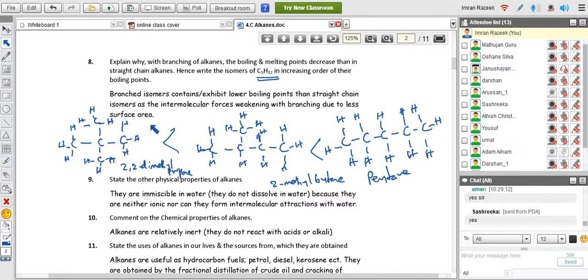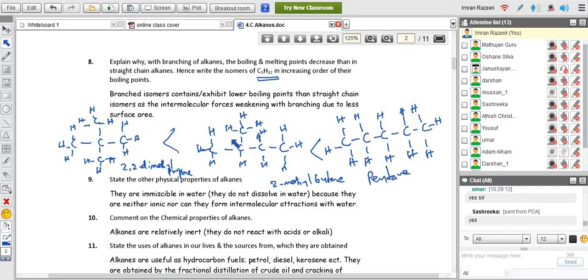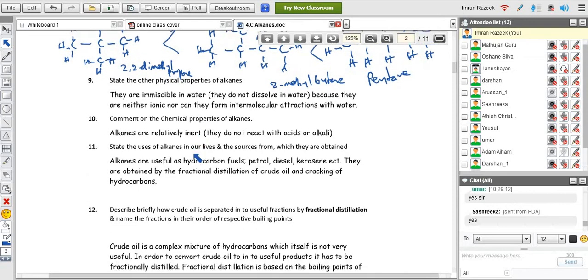So polar solutes will dissolve in polar solvents, non-polar solutes will dissolve in non-polar solvents. These alkanes, whether branched or linear, are all non-polar, so they will not dissolve in water, because water is a polar molecule. A polar molecule, which we'll be studying in Unit 2 later on, is a molecule where charge separation is found in the overall molecule.